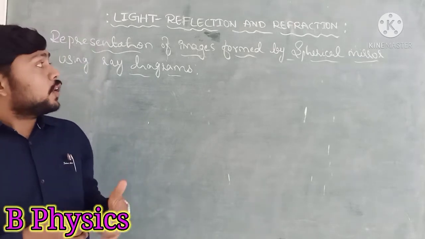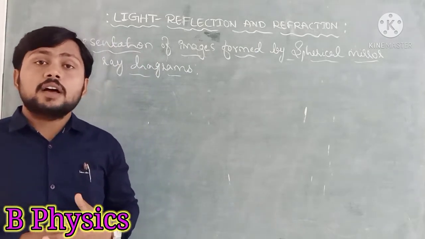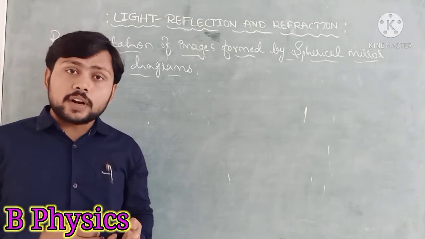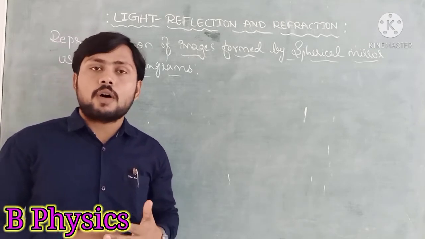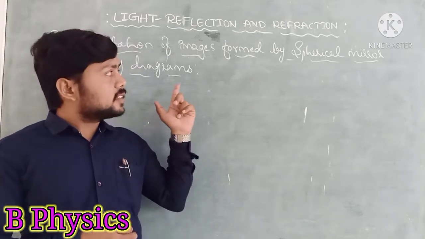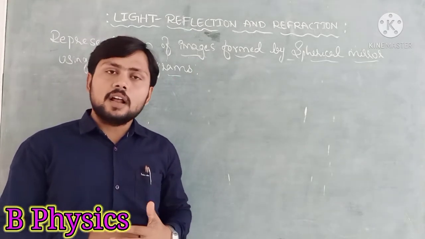So, in order to locate the position of image formed by mirror, we use any two rays of light. We can call them rules for obtaining image by spherical mirror. Now let us see what those are.